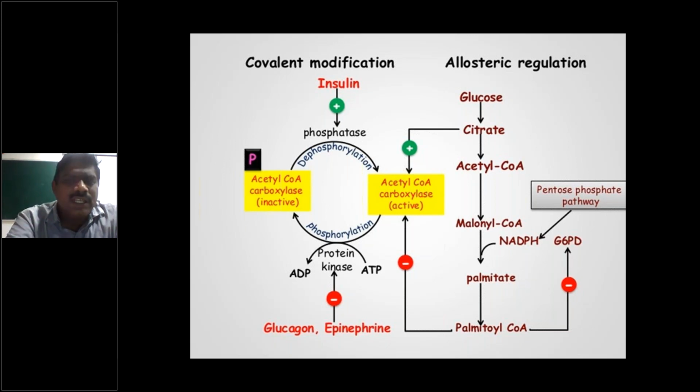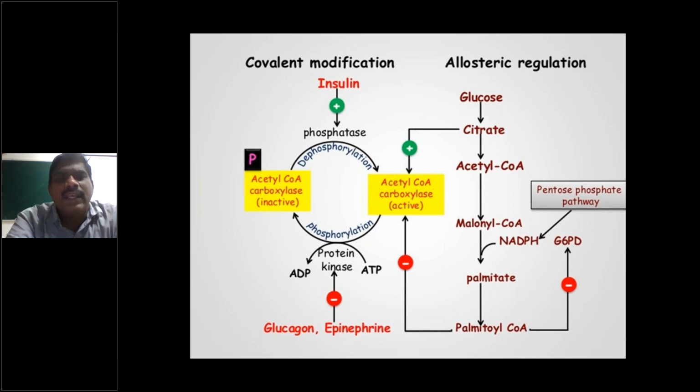It will inhibit the acetyl-CoA carboxylase, and at the same time, the enzyme activity is regulated by phosphorylation, by addition of the phosphate group. Acetyl-CoA carboxylase is present in the inactive state, and on removal of the phosphate group, it will become active.